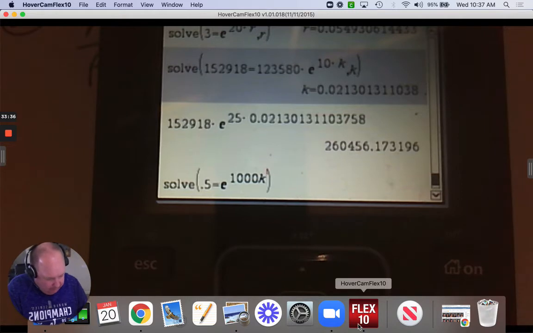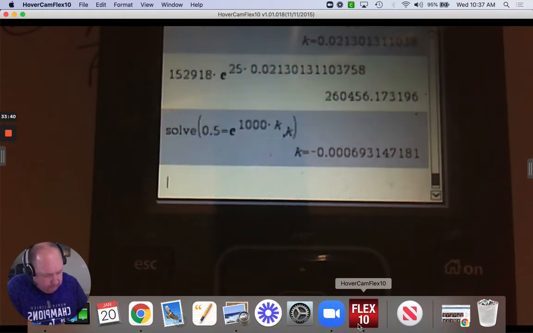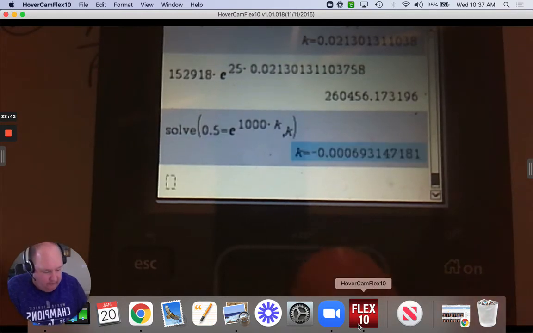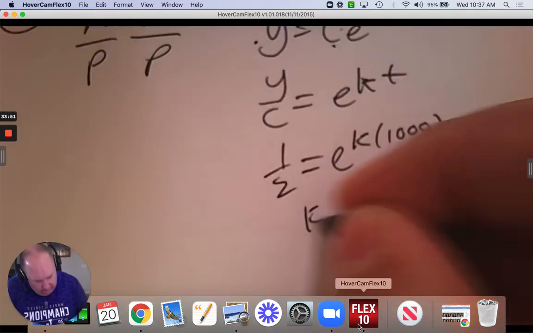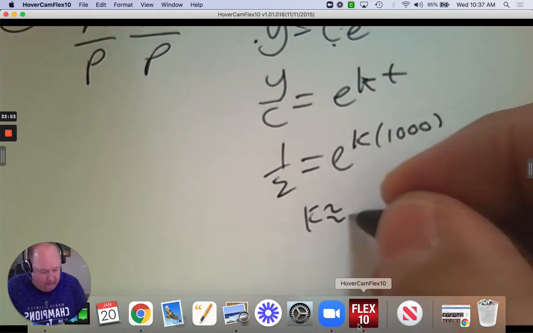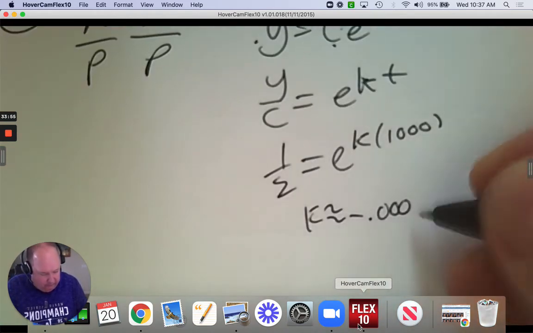And then comma k. So that's what I'm going to save in my calculator. So highlight it, go Control C. So now it's saved in there. And now we're going to use that number. So we already just found k is negative 0.000693.